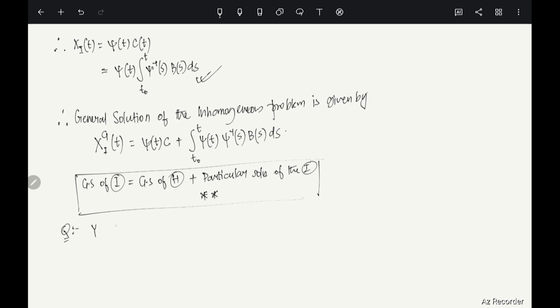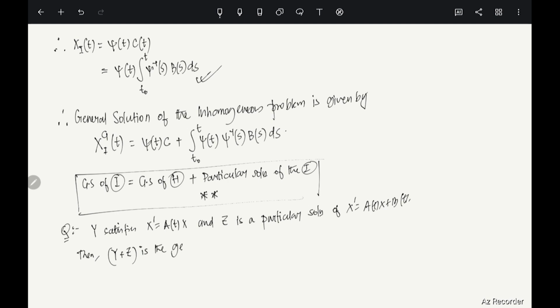If y satisfies x prime equals A t times x, and z is a particular solution of x prime equals A t times x plus b t, then you can see that y plus z is the general solution of x prime equals A t times x plus b t.